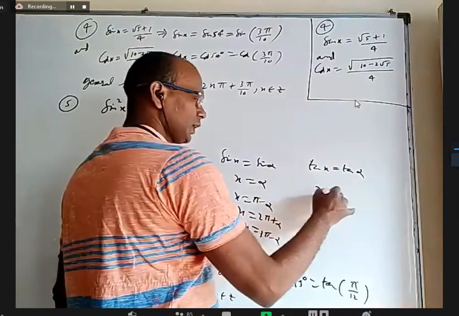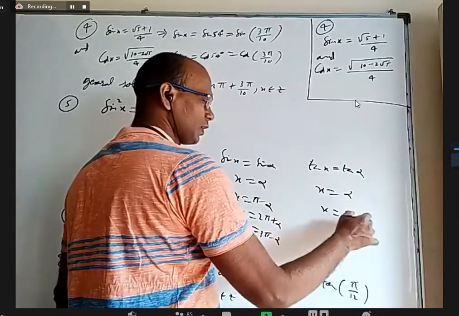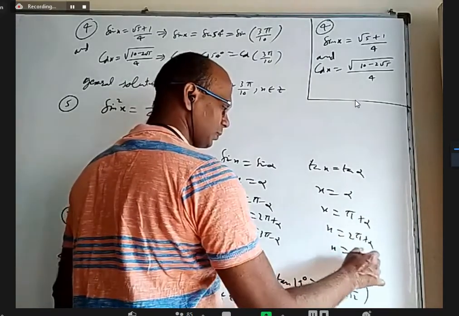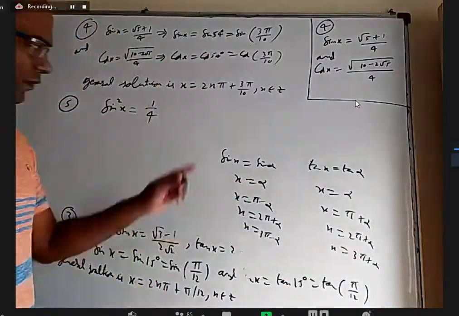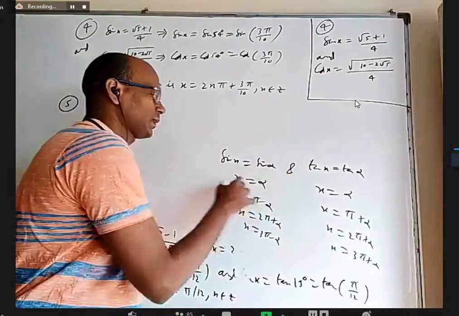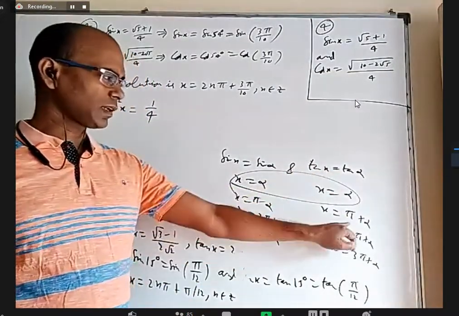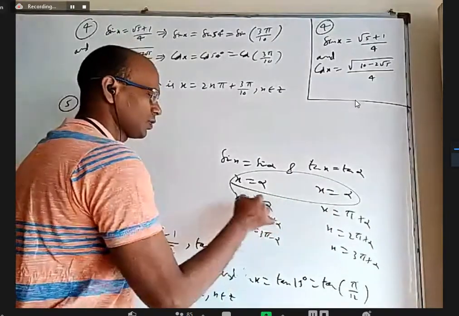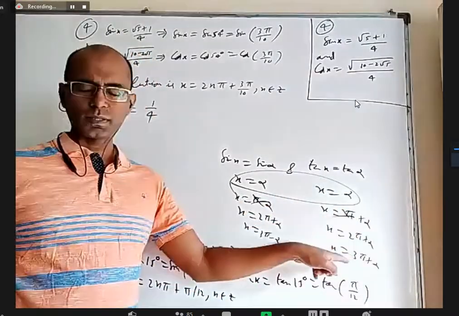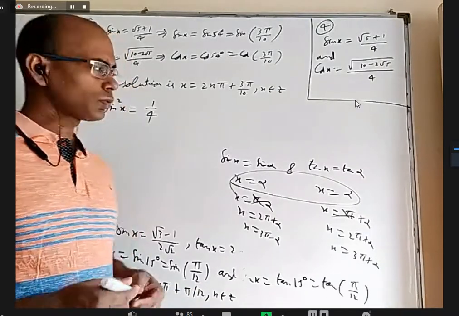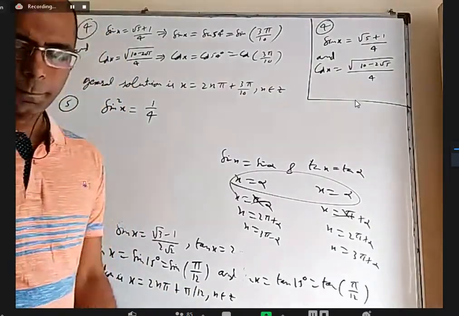For tan, x equal to alpha, next in the third quadrant pi plus alpha, next in the first quadrant 2 pi plus alpha, next 3 pi plus alpha. But if you want both to be true, x equal to alpha is okay, pi minus alpha is okay here but not okay there, pi plus alpha is okay there but not here. So that is not okay in total. Next is 2 pi plus alpha, next will be 4 pi plus alpha. So whenever you have two conditions, it is 2n pi plus alpha.